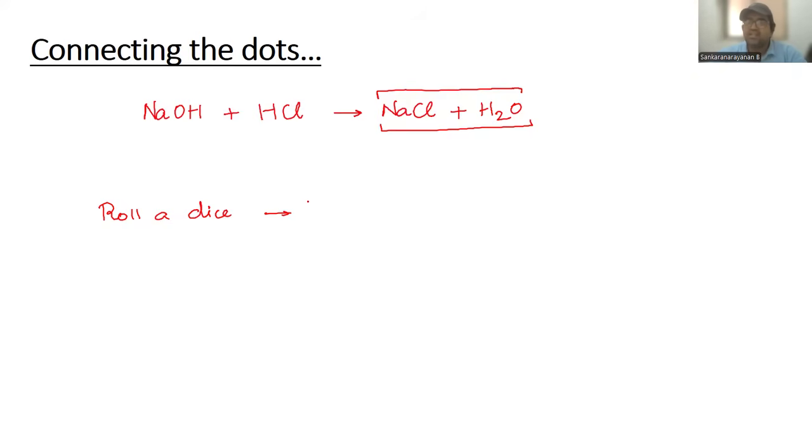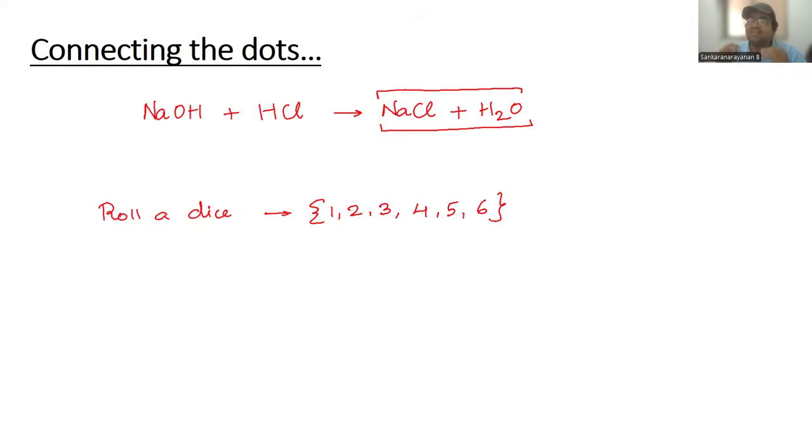When you are rolling a dice, you may end up seeing a 1 or a 2 or a 3 or a 4 or a 5 or a 6, right? Assuming that it's a fair dice, it's unbiased, and also it's a cubic dice.